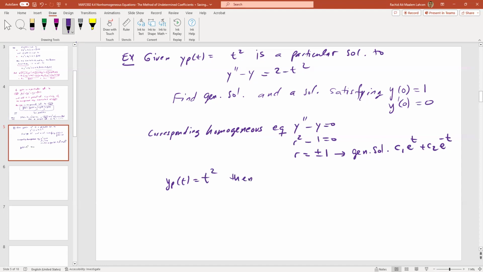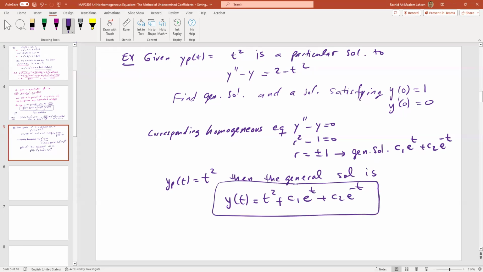Then now we can say that for the non-homogeneous equation, the general solution is y of t equal the particular solution plus the general solution for the homogeneous case. So it's not bad. It's just understanding.